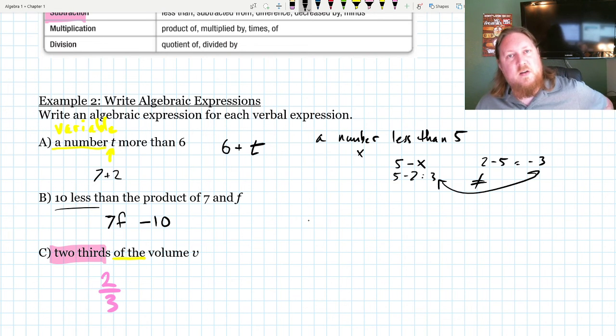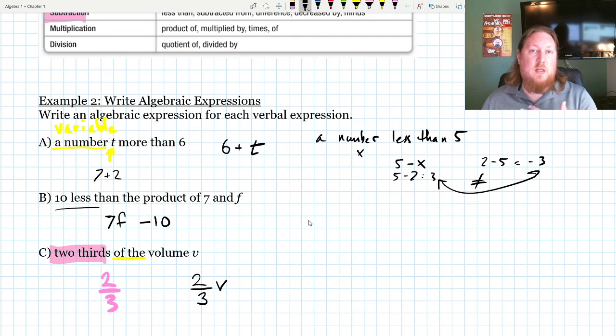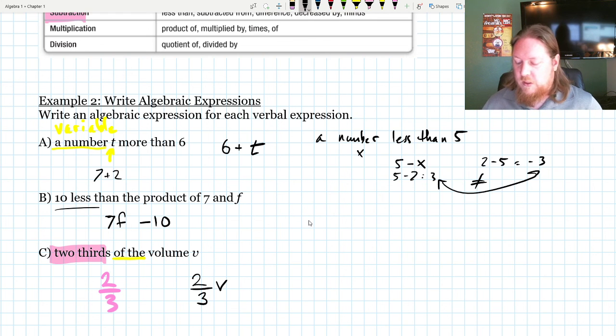This really comes from experience and reading lots of questions. 2/3 of the volume of V really means 2/3 times the volume of V. And notice I'm not going to put any sort of dot or anything in here because it wasn't convenient for me to do it this time. So you just have to be careful with the of part, because you'll see it all over the place. You have to understand the context of the word in the sentence that you're reading to know which one it is. And that really only comes from experience.